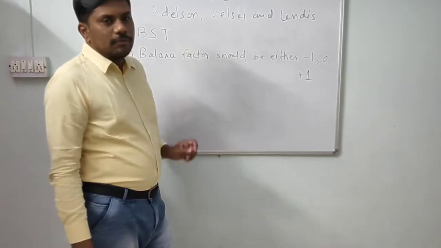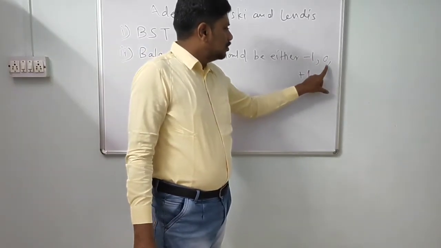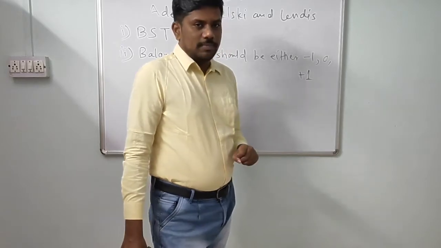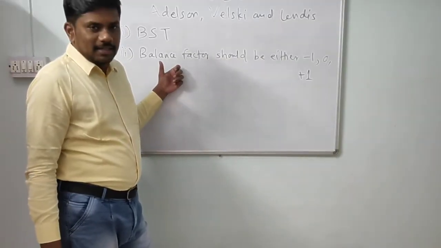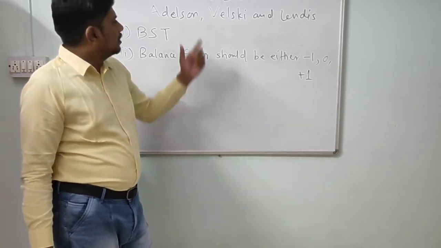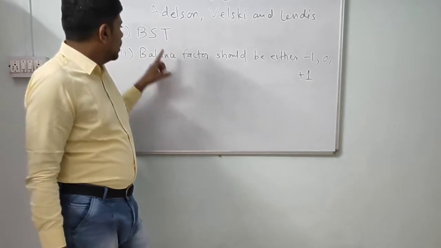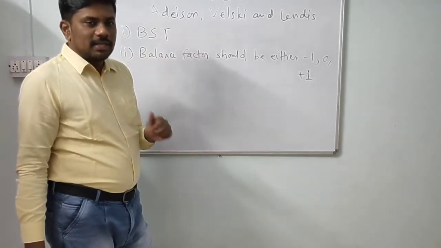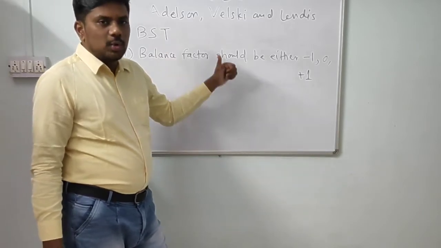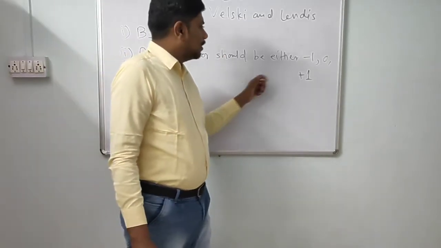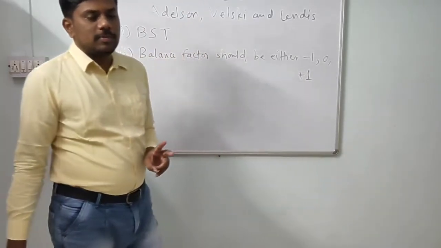The balance factor of each node in AVL tree should be either -1, 0 or +1. Now what is meant by balance factor, that we'll see. But this is the second condition, and this is a very unique condition in terms of AVL tree. This was not there with binary search tree. First, AVL tree should be a binary search tree. Second, the balance factor of every node in AVL tree should be either -1, 0 or +1. Only three possibilities are there.